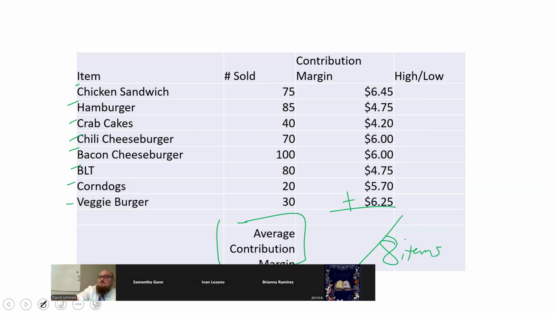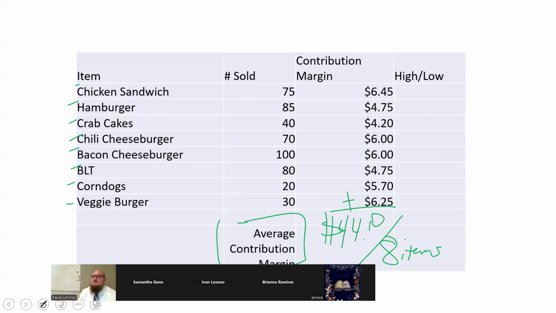So go ahead and add up all of your contribution margins. When we add them all up, what do we get? 44 dollars and how many cents? 10 cents, thank you.